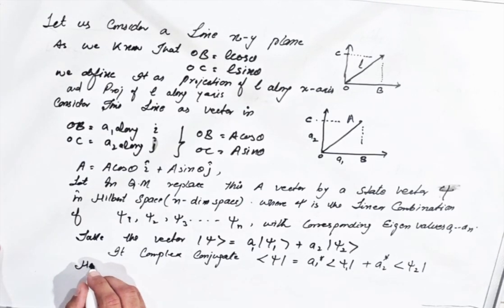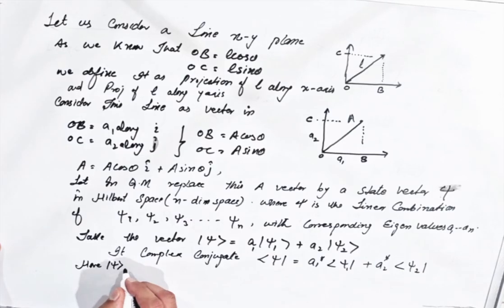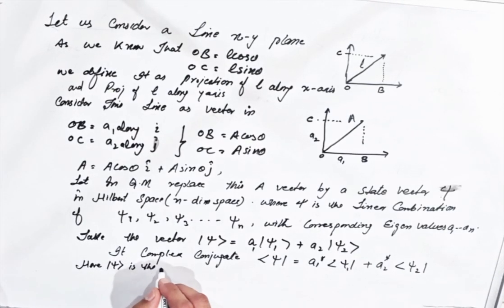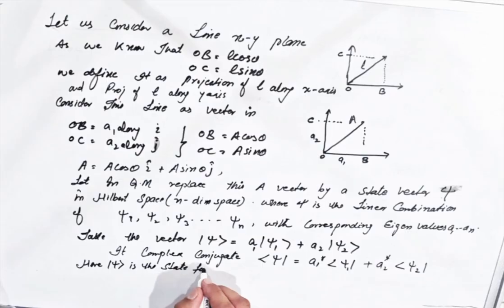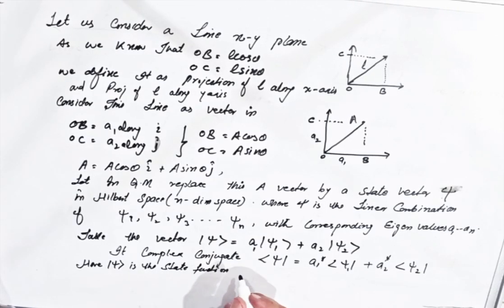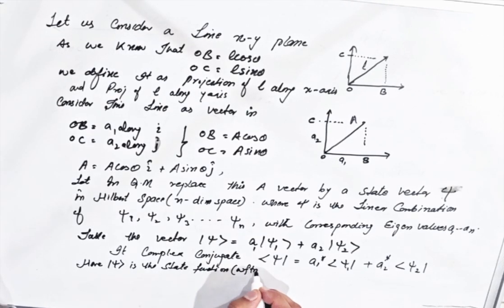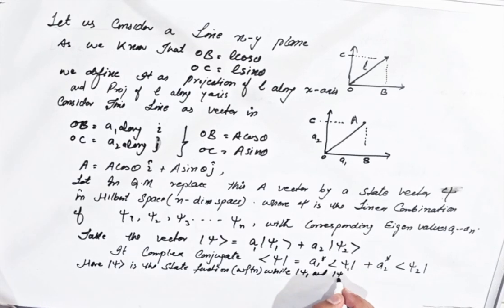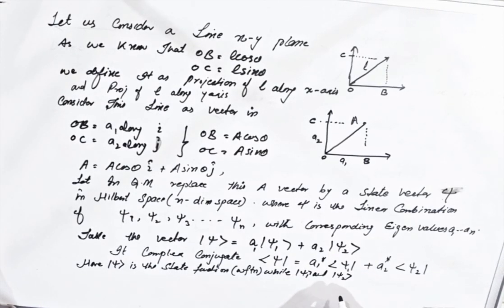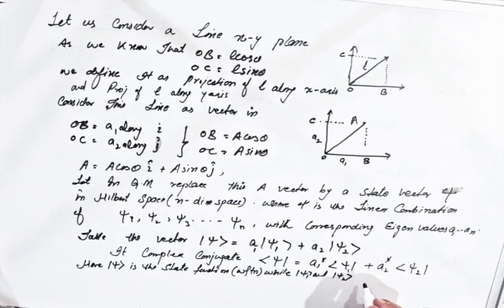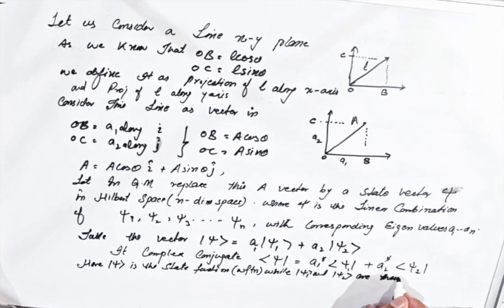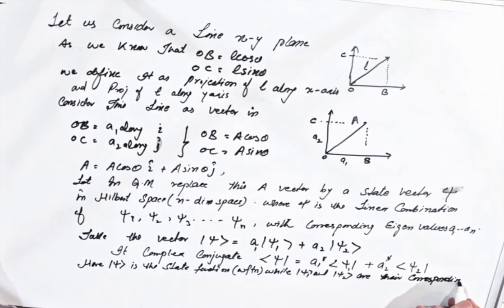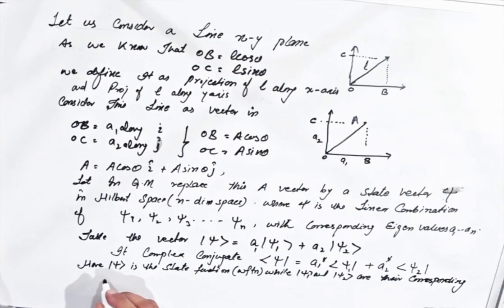Here psi is the state function, wave function, while psi 1 and psi 2 are their corresponding eigenfunctions.